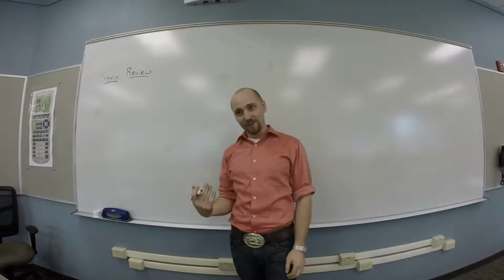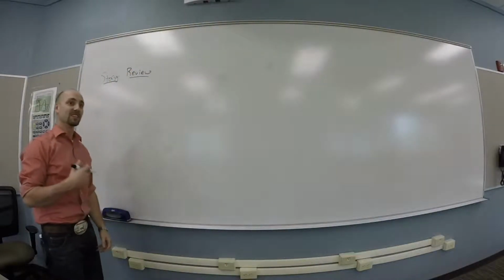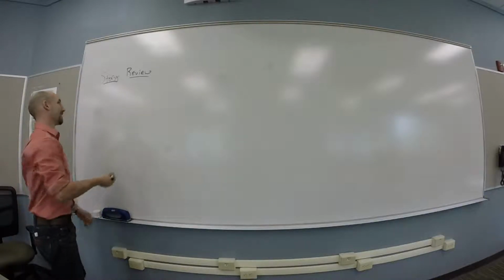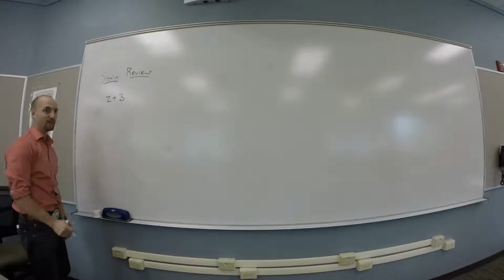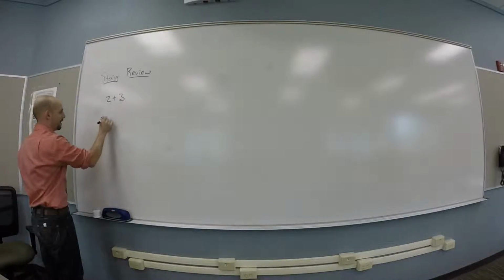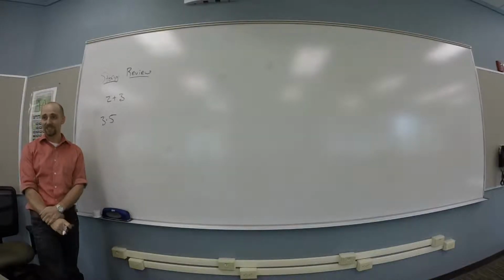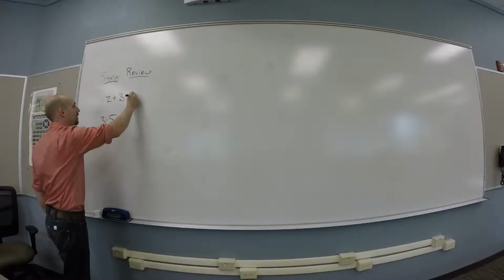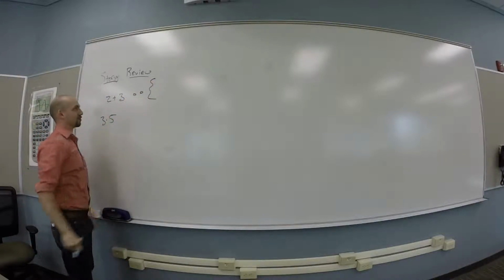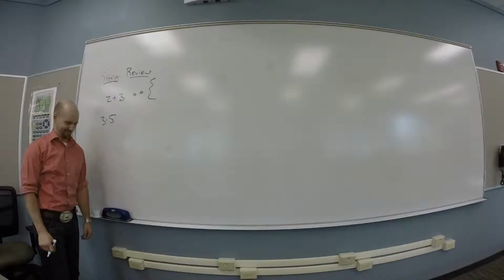So we would like to review the story component of this class, which is when we look at simple algebraic expressions, like 2 plus 3 or 3 times 5, we should interpret these in reasonable ways, right? So for 2 plus 3, what's the story that goes with 2 plus 3? 2 pizzas plus 3.